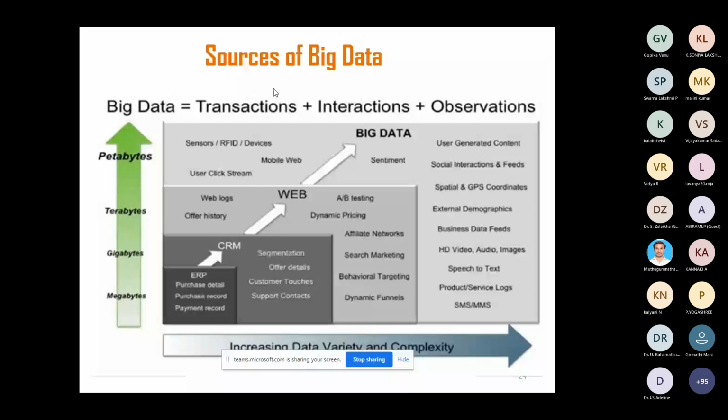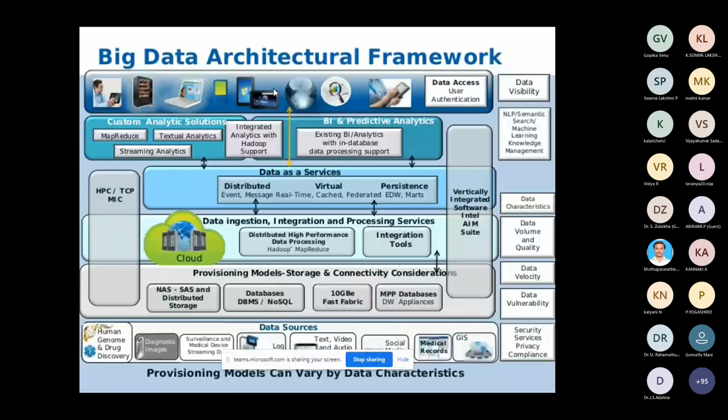Now, this is just to understand how a big data architectural framework is used in real time. If you see at the bottom, which is data sources, as I mentioned in the previous slide, for big data the data comes from different sources.